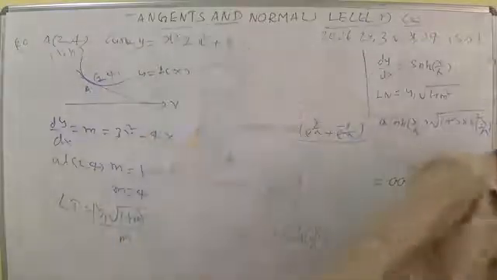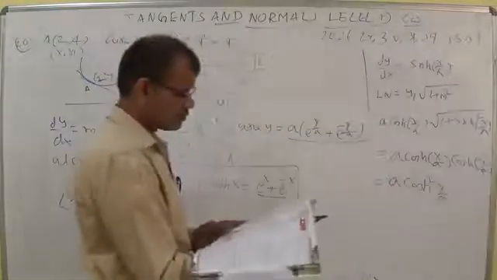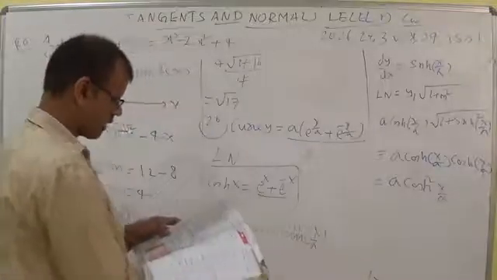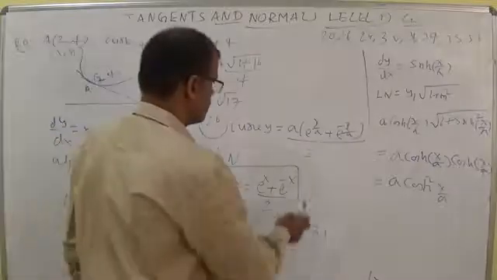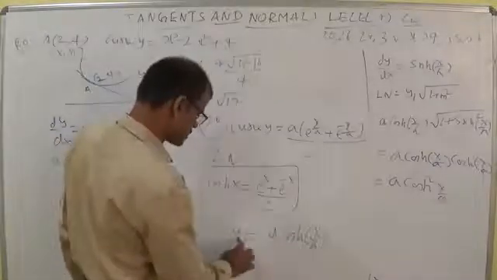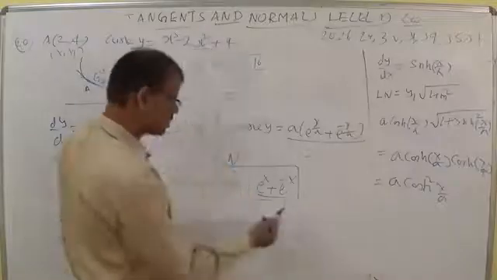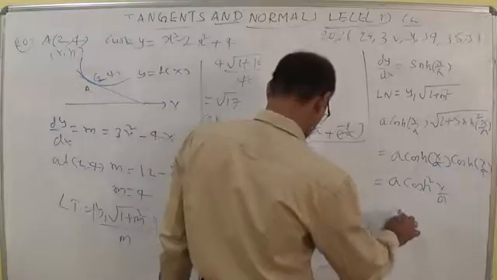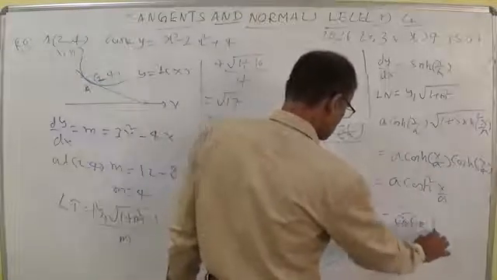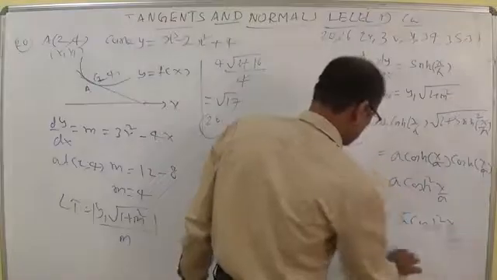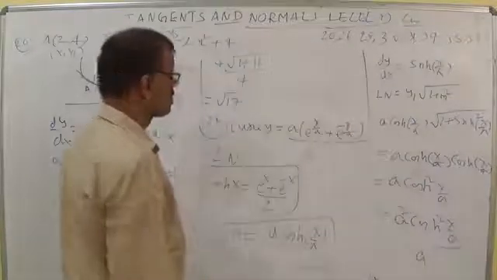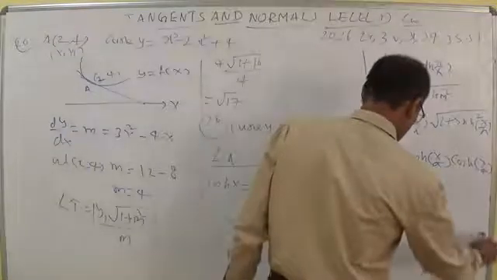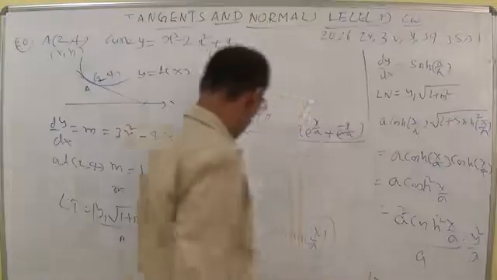According to the options, the question is giving that the length of normal to the curve at any point varies as something. We got a into cos h square x by a. We'll do one thing: write a square into cos h square x by a whole by a, which is equal to y square by a.